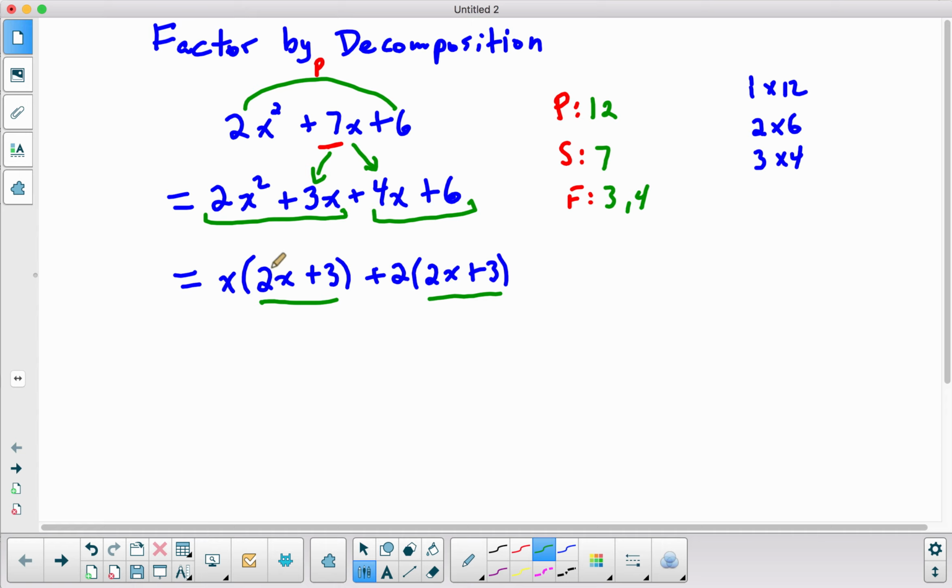So, in fact, 2x plus 3 is a common factor. We pull that out as a common factor. And what is multiplying the 2x plus 3 in this term? It's x. And in this term over here, what's multiplying the 2x plus 3? 2.